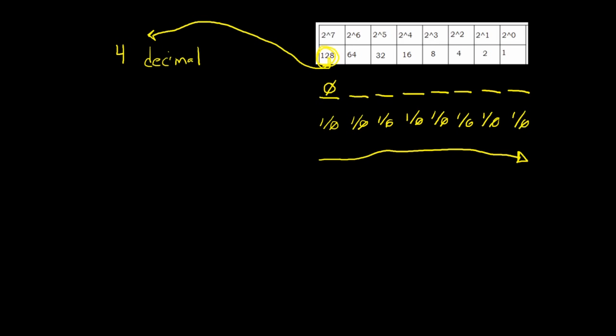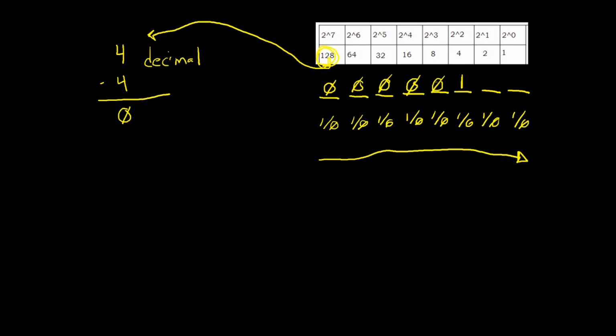We're going to ask the same thing for 64. 64 cannot go into 4. Neither can 32. Neither can 16. Neither can 8, because it's too big. However, 4 can go into 4. So we're going to put a 1 here. And we've added 4. And this leaves us with 0.